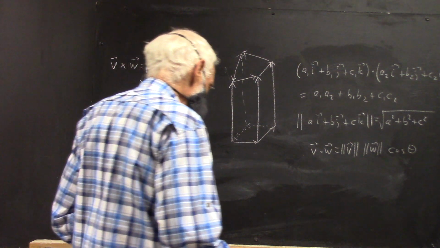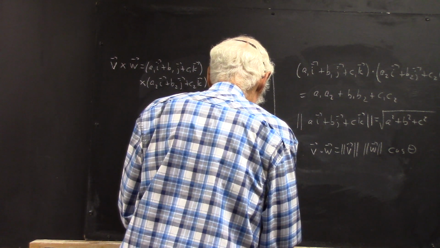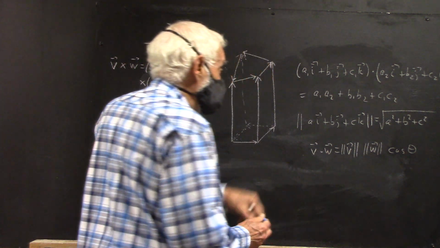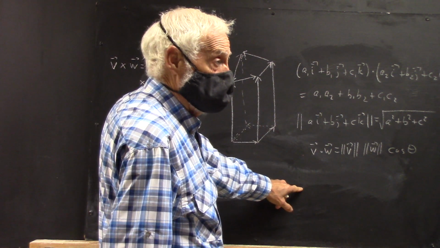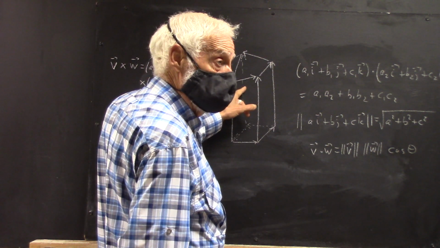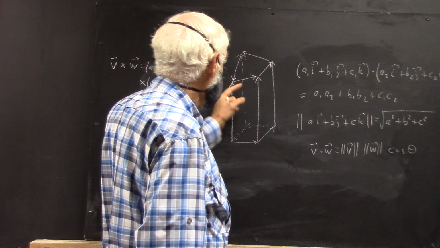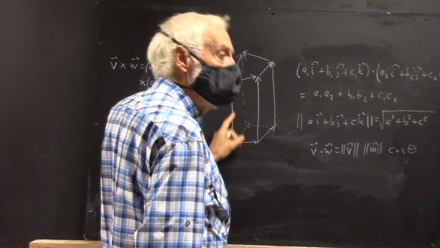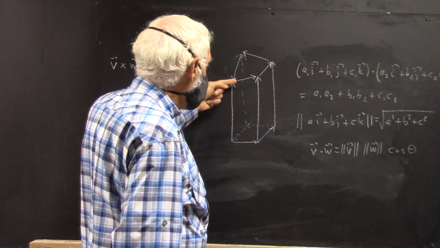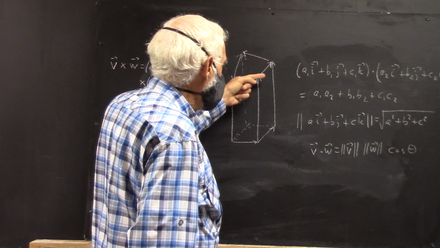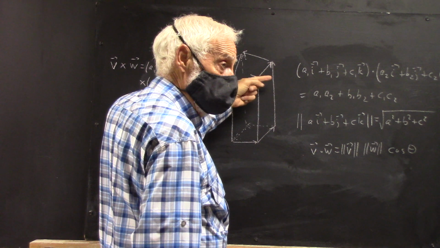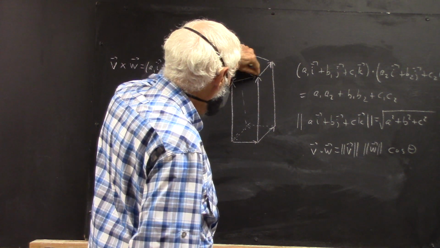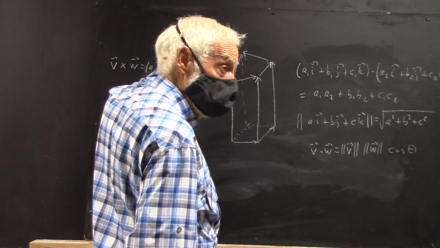Okay, so now what we want to do, and what we've done, is we've used the dot product to calculate the angle each vertical edge makes with the edge on the top that comes out counterclockwise from the end of this vector, okay?